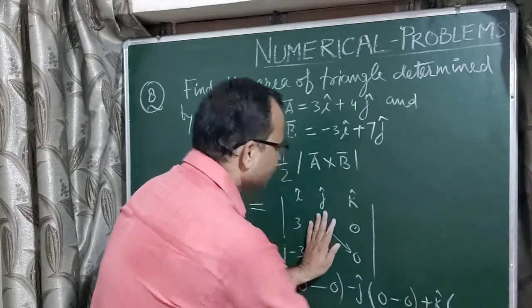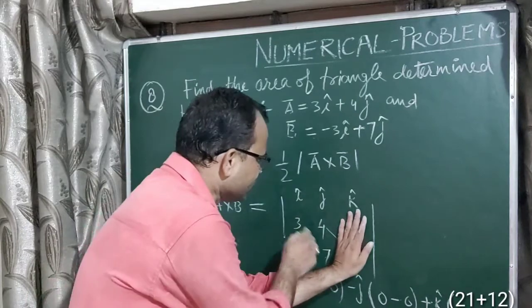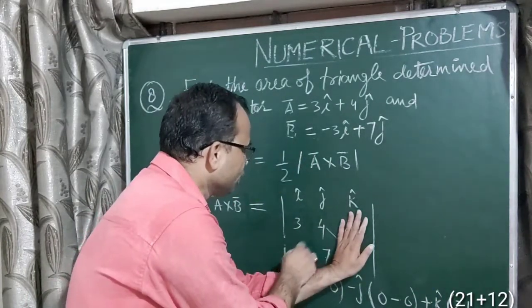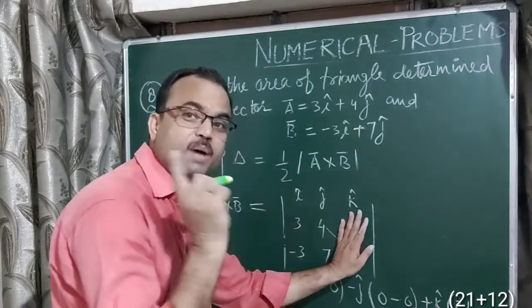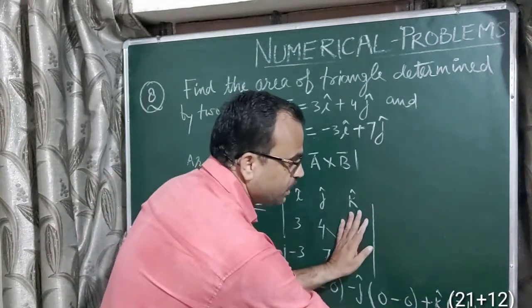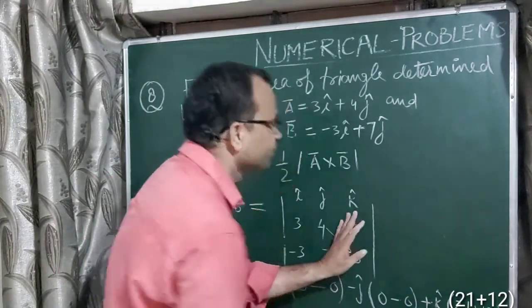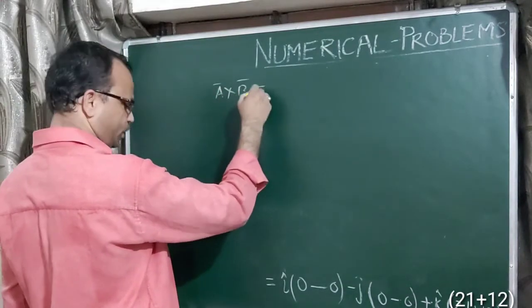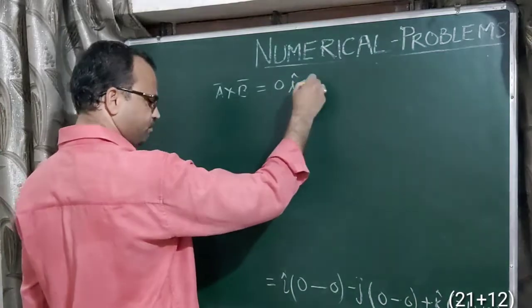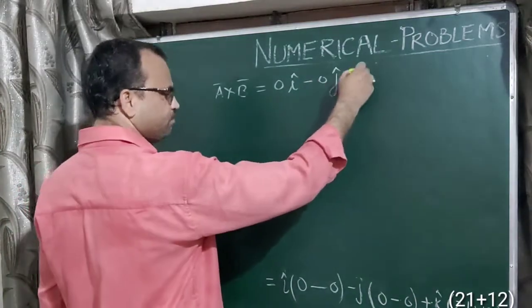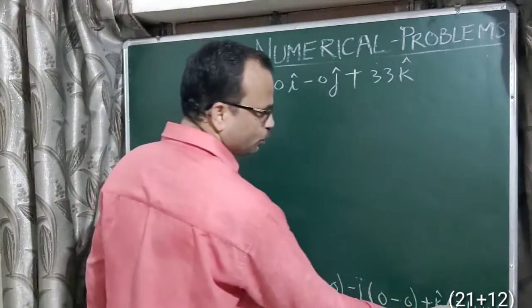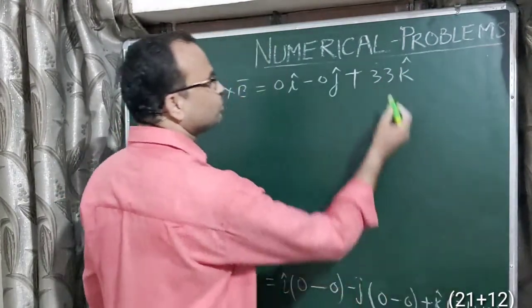Now hide the value of k. 7 threes are 21, minus, then 3 fours are 12, with negative means minus 12, minus minus plus. So a vector cross b vector is equal to 0 i cap minus 0 j cap plus 33 k cap, because 21 plus 12 is equal to 33.